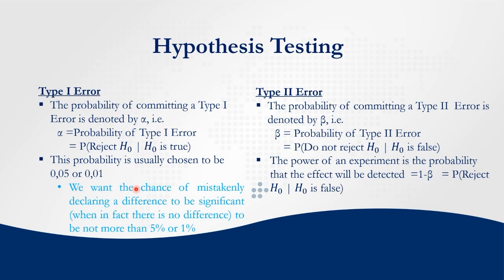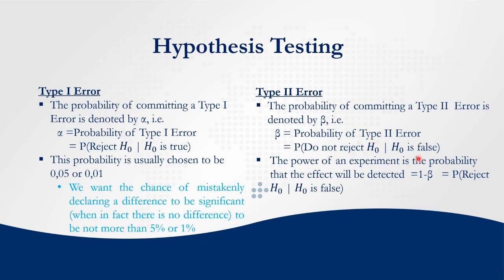Then on the other hand, we also can commit a type 2 error. The type 2 error will happen if we do not reject. Remember, our decisions are based on the evidence. But in the population, the truth is there, and unfortunately we're not able to get to the population, so we are using a sample.